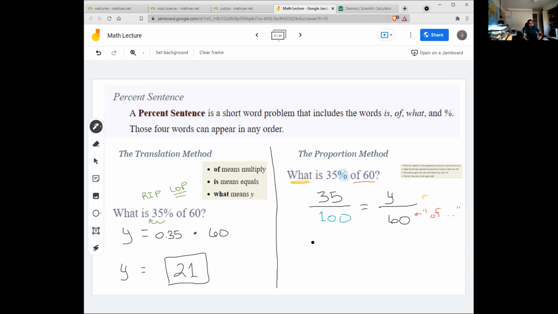Then I do my proportion, y times 100 equals 35 times 60. Y times 100 is 2100. Divide both sides by 100. And I will again get y equals 21.